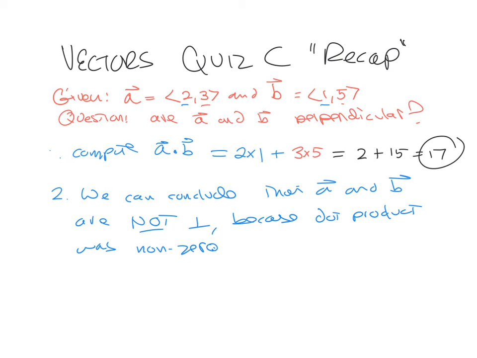So anytime you calculate the dot product for two vectors and you get a result that is not zero, then you know that those vectors are not perpendicular. If you do the dot product of two vectors that have non-zero lengths and you get a dot product of 0, then that means, since you're multiplying the magnitudes of the two vectors times the cosine of the angle between them, which is another way of expressing what we just did here, if that's 0, it means the cosine of the angle is 0.